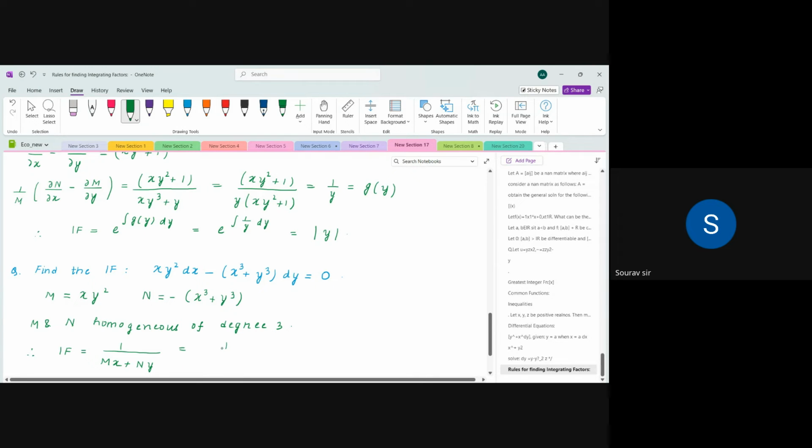So that is x square y square minus x cube y, sorry, xy square minus y to the power 4.